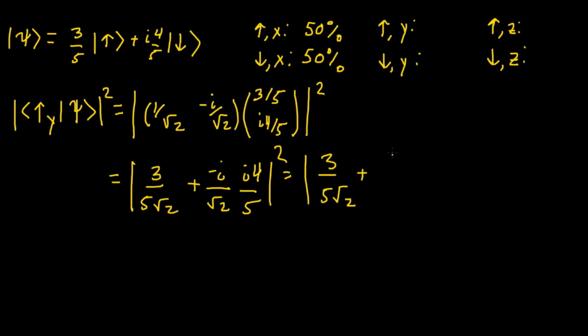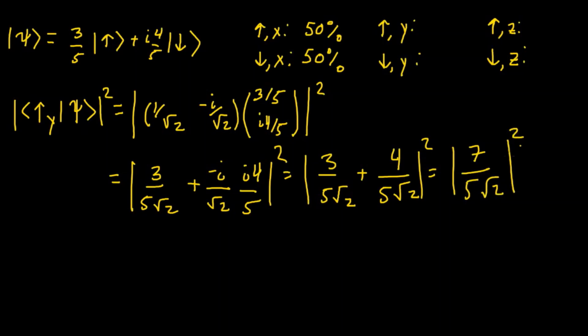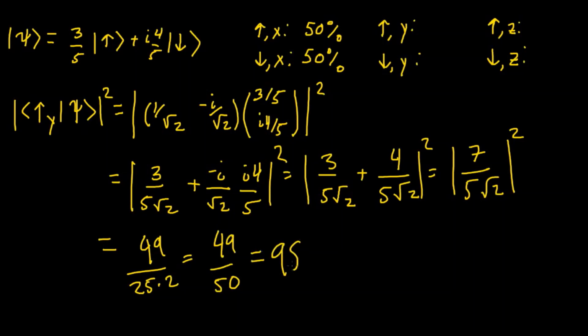So i times negative i is just 1. So all in all, this is 7 over 5 root 2 squared, which is 49 over 25 times 2, which is 49 over 50, which is equal to 98%. So that's kind of interesting that it's almost, but not quite, 100% to be spin up in the y direction.